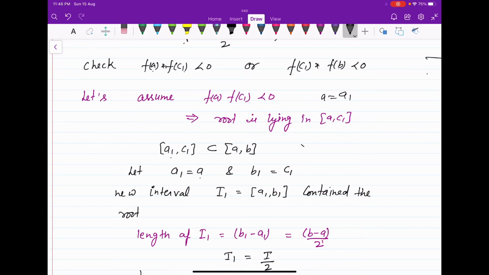So a1 equals a, and b1 equals c1 we are taking. What we are doing here is: in the interval (a, b) we got c in between, called c1, and now we are taking (a1, c1).